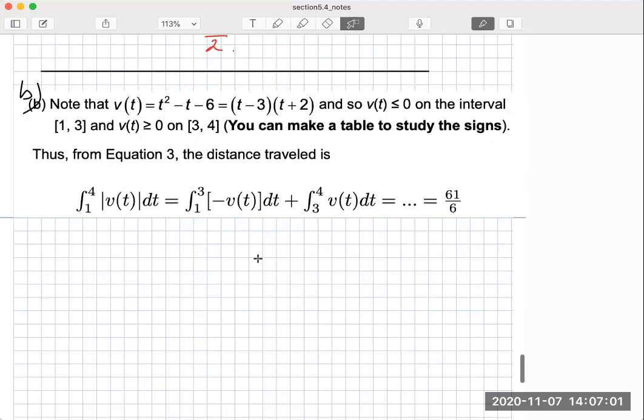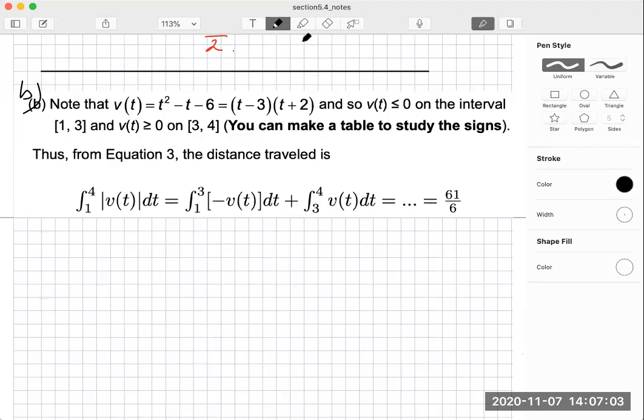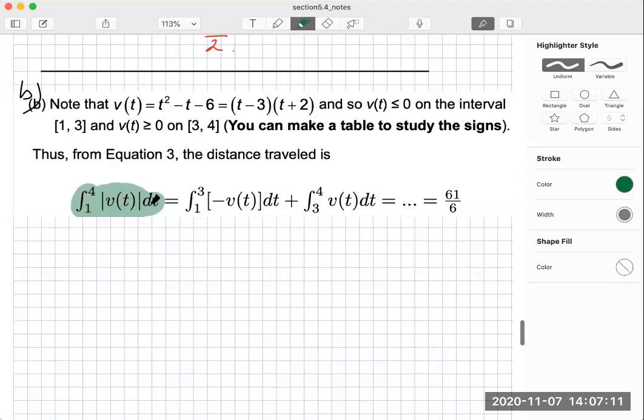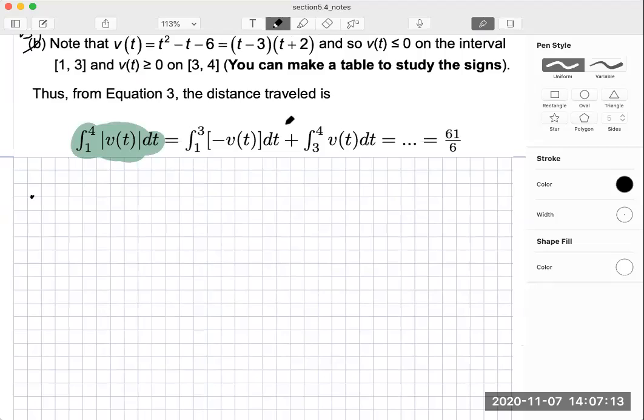So here, in this formula, in order to compute the distance, we need to use this formula. But remember, absolute value of x, what is it when x is positive?